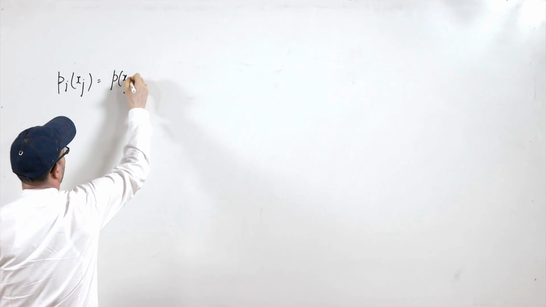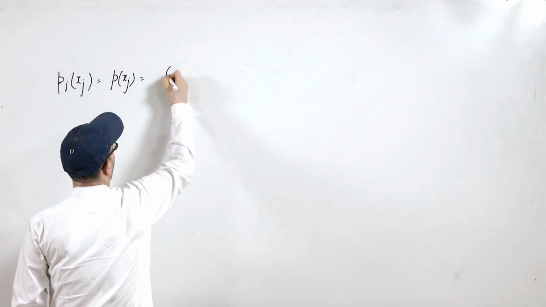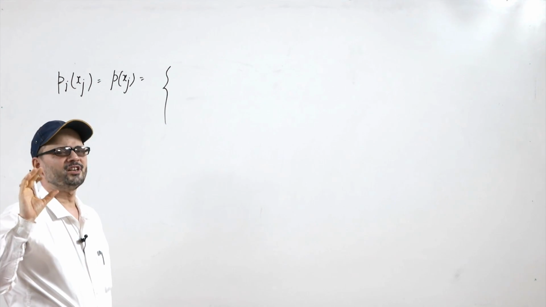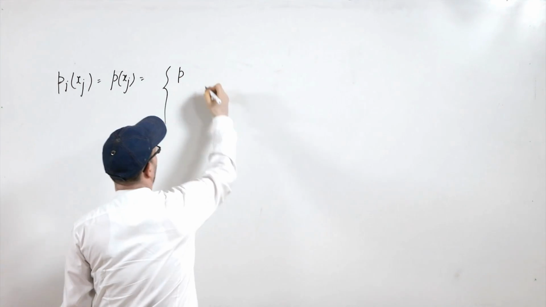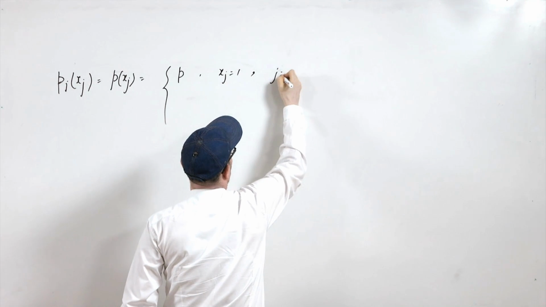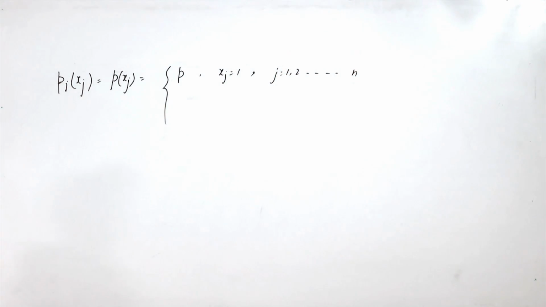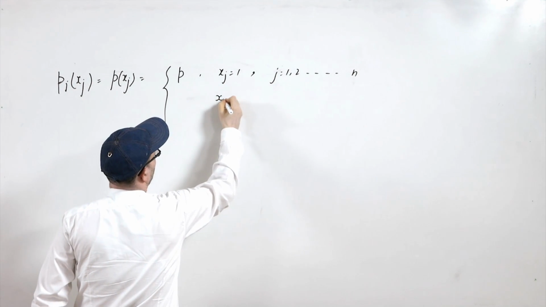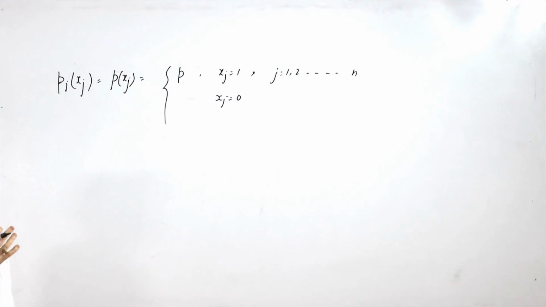If the events are independent, you will have two probability values. You will have probability p when x_j is 1, where j goes from 1 to n. If you have n trials, each outcome is either 1 or 0, where 1 is success and 0 is failure.